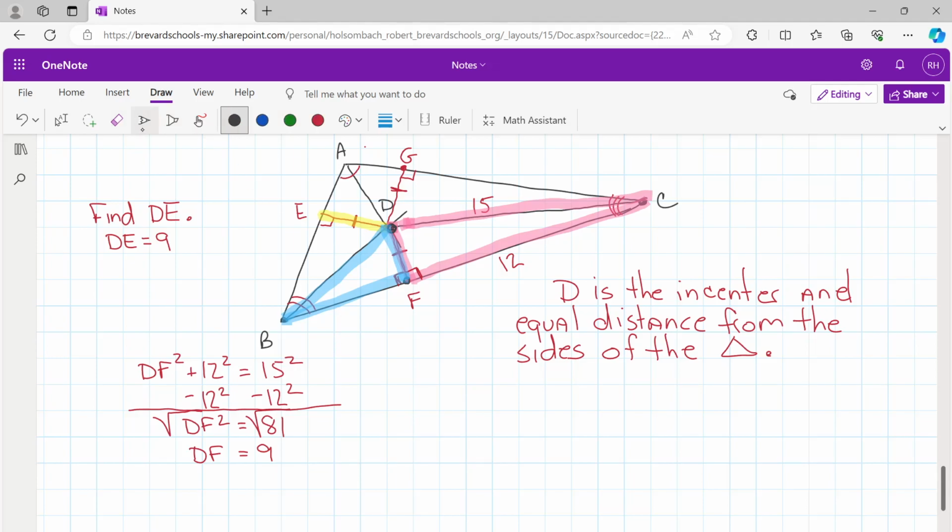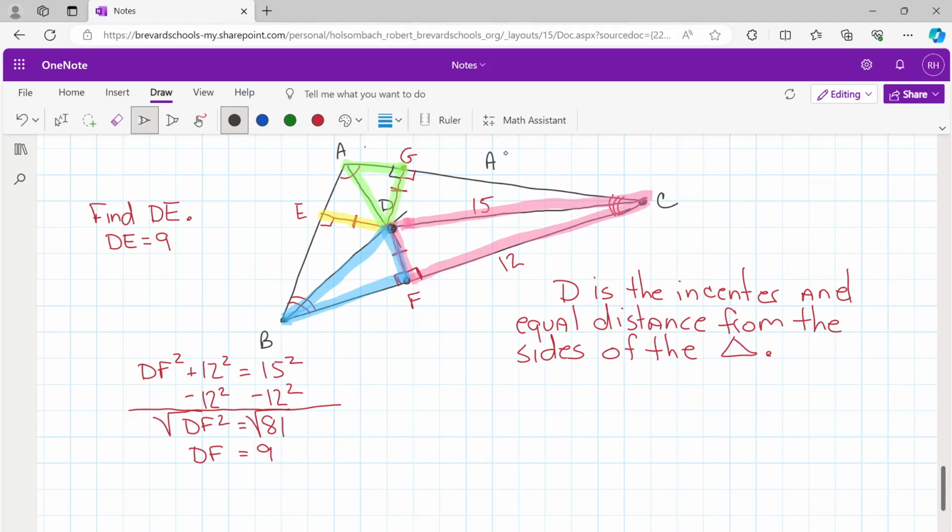In all of these right triangles, what's another right triangle? Lots of right triangles in these pictures. In this case, the side opposite the right angle is the hypotenuse.